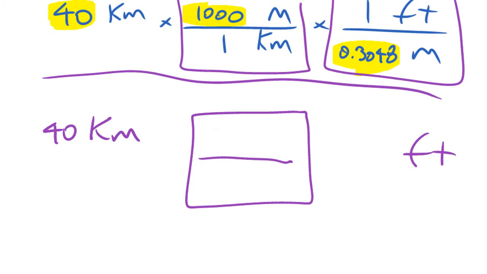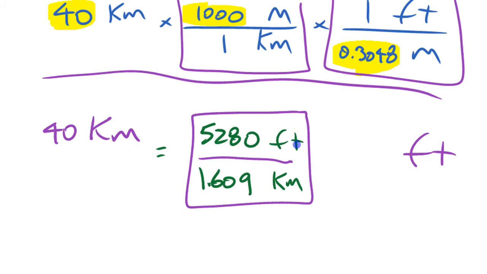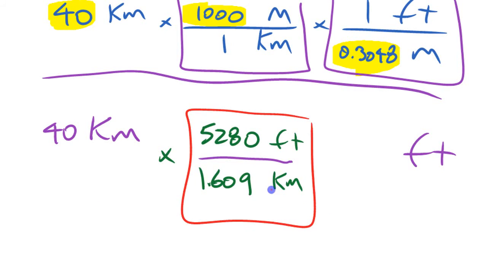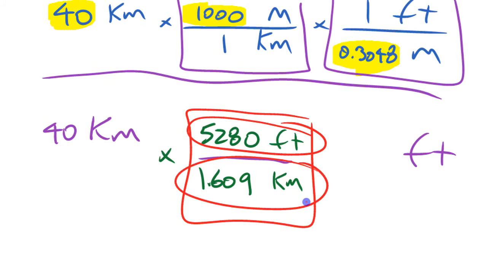If I know that 1.609 kilometers is a mile, and 5280 feet is a mile, I can use them. It's a different way, and it might make more sense to some of you. As long as you use 2 things that are equal, and the way you know they're equal is that both are equal to a mile.